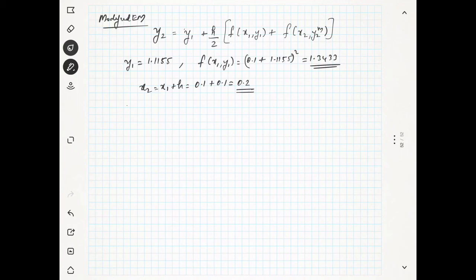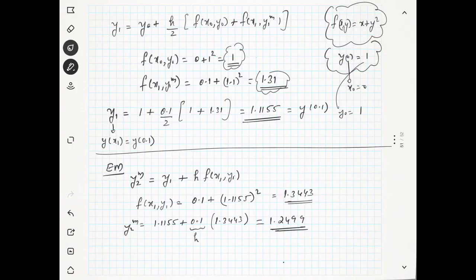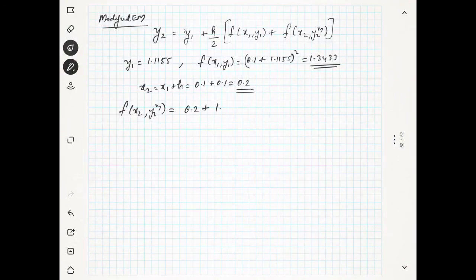So f of x2 y2m is nothing but 0.2 plus y2m squared. y2m is 1.2499. So 1.2499 square plus 0.2 is nothing but 1.7622.